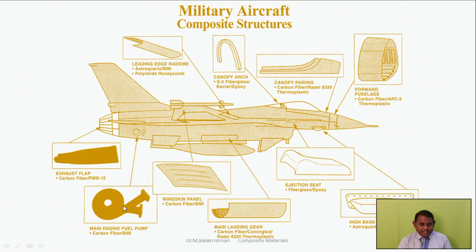aircraft structure. And military aircraft components, you see here the leading edge radome and canopy arc, then canopy fairings, forward fuselage, ejection seat, high band radome, main landing gears, whisking panel, and main engine fuel pump. Everything is made with composite structure nowadays.